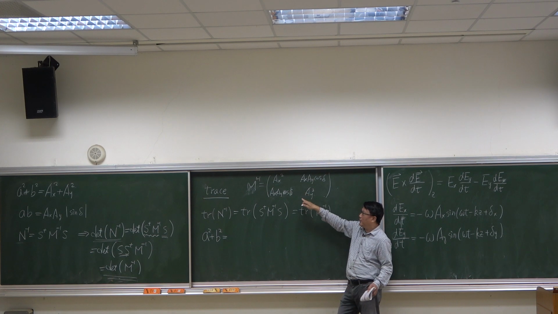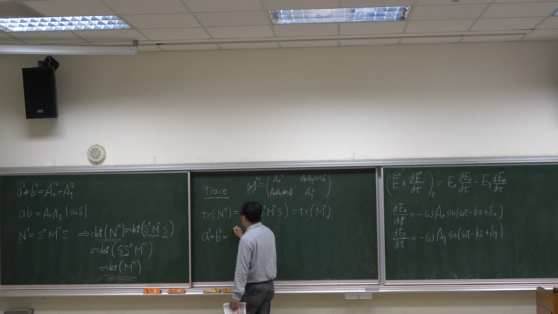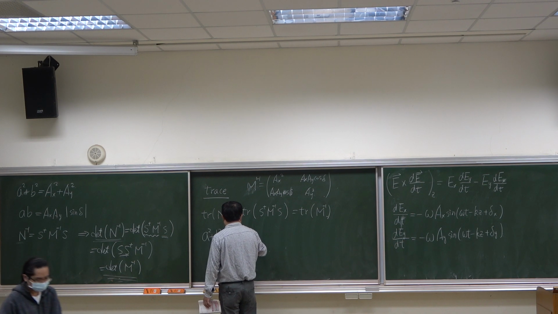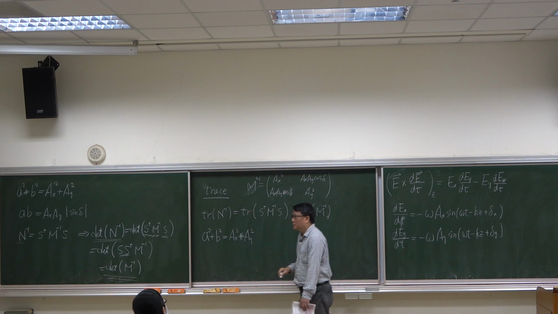So the trace of M inverse is AX squared plus AY squared. So we get this result.